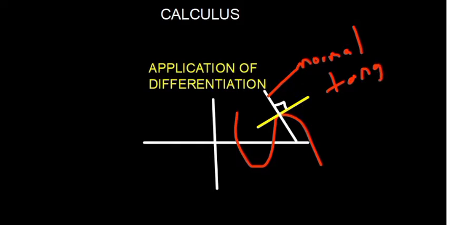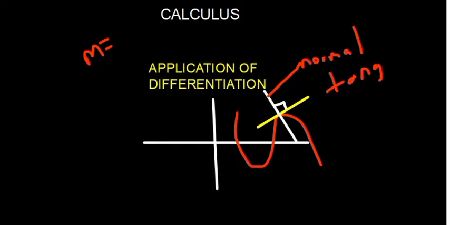Now that we know what the normal and the tangent are, we need to understand the relationship between the normal and the curve. Let m be the gradient of a curve.